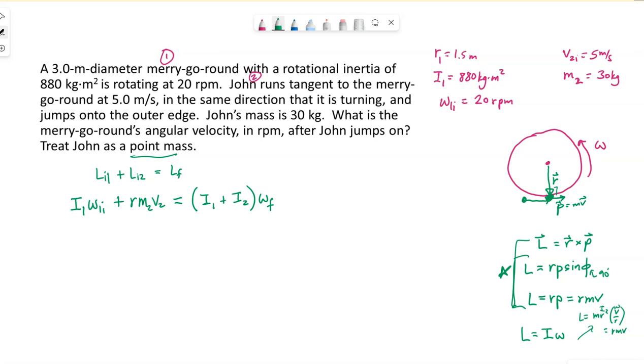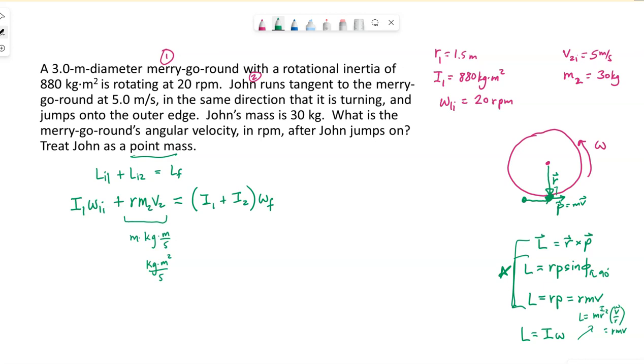Okay, unit-wise, for the previous example problems, we've been able to leave omega initial or omega final in terms of revolutions per minute or revolutions per second. That is not the case here. And that's because in this term, R is in meters, mass is in kilograms, V is in meters per second, the radians are implied in this. This is kilogram meter squared over seconds.